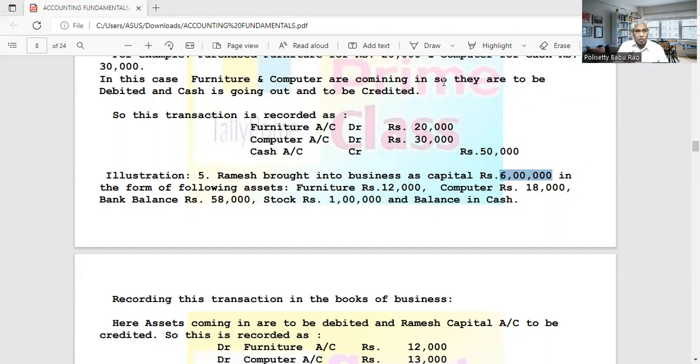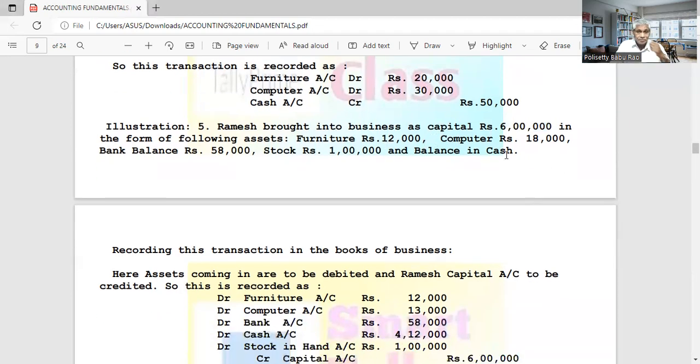Sorry, that was wrong. 12,000 plus 18,000 plus 58,000 plus 1 lakh. So total 1,88,000 rupees is paid in the form of other assets. So what is the balance here? 6 lakhs minus this, 4,12,000. So 4,12,000 rupees is the cash.